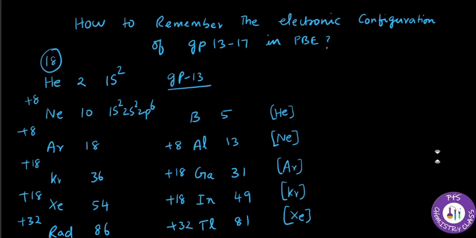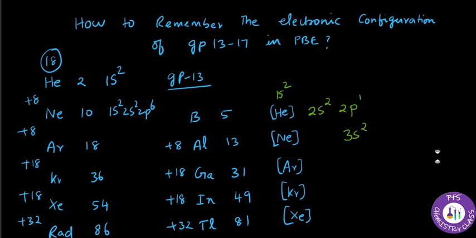It is very simple. For boron, you can write it here: this is 1s2, that you know. Therefore what is remaining here will be 2s2 and 2p1. Total is 5. So 2s2, 2p1, that's all. You can remember the other things very simply like this.